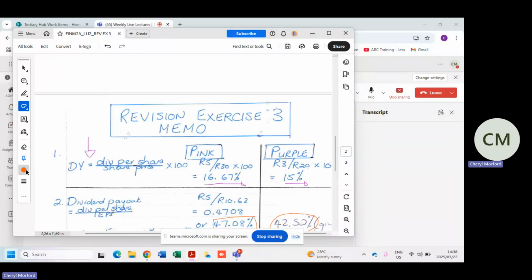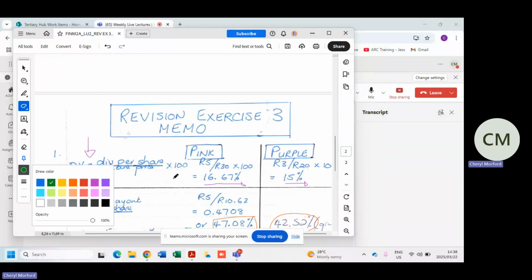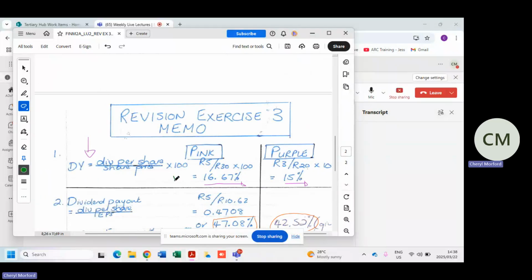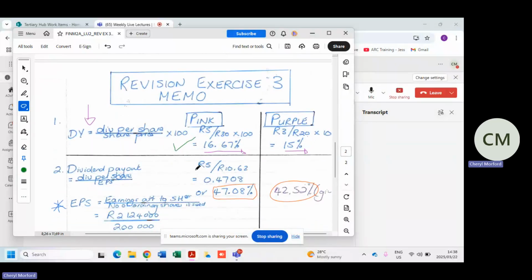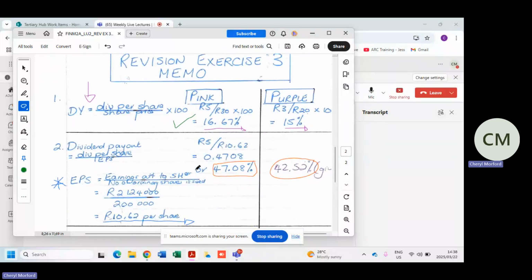That the higher one is the 16.67%. So based on that, simply we would go pink. Then with the dividend payout ratio, we see that pink is slightly higher than purple. So once again, we would recommend pink.